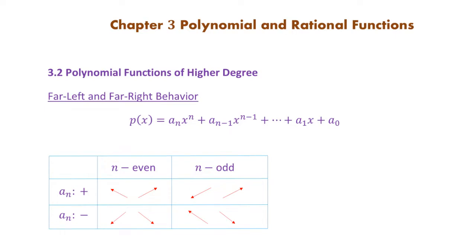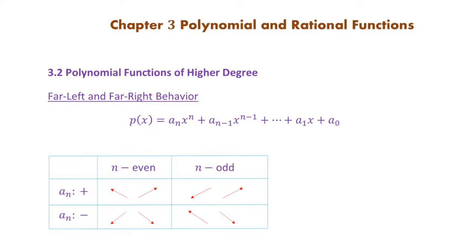Okay, so why do we want to discuss this behavior? Because in many cases, you want to sketch the graph of a polynomial by hand. If you don't have the computer, you only have a pencil, pen and the paper, how do you sketch the polynomial? Then you want to see how the curve looks like on the far left and on the far right, and then you can also determine how many variations of the curve in between.